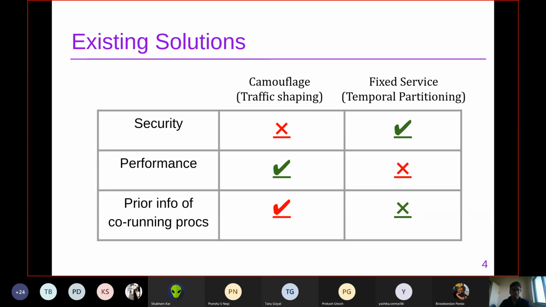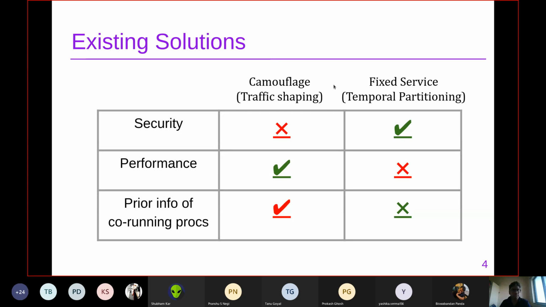So we'll see three properties of existing solutions: the security, whether the existing solutions for this attack take into consideration all the timing resolutions; whether they are performant enough or cause degradation of the entire system; and whether they need prior information of the co-running processes. The first is Camouflage, which takes the approach of traffic shaping.